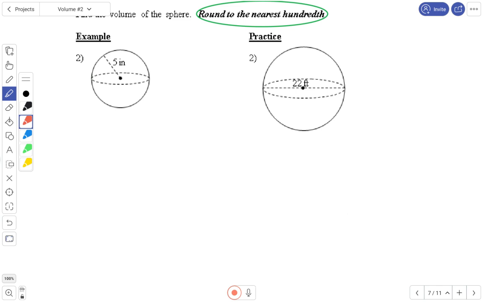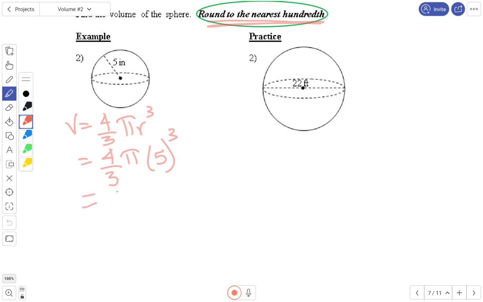All right, here's an example of where you round to the nearest hundredth. So this time you will be hitting the pi key. It's a sphere. So I'm going to follow the same steps. I'm going to write my formula, 4/3 pi r cubed. I'm going to put 4/3 in the calculator. I'm going to hit the pi key. I'm going to substitute in 5 for my radius. So I'm going to put 5 in the calculator and then cube it and hit enter.